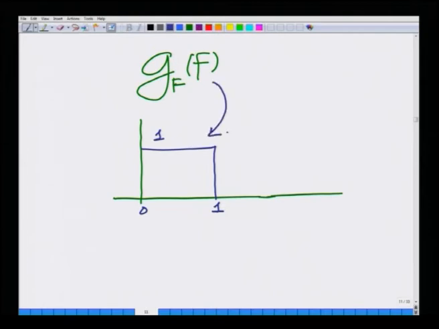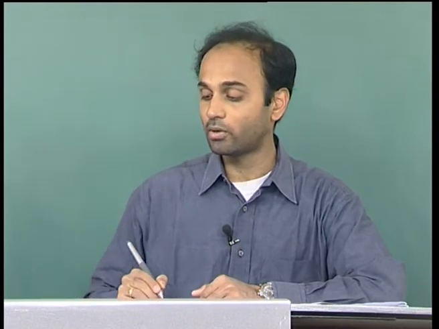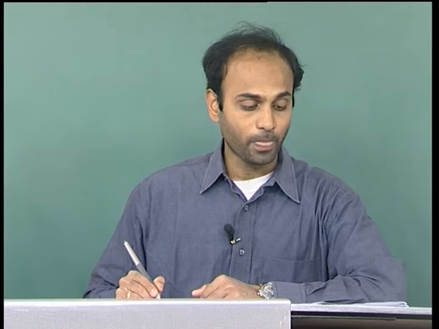This is the uniform distribution, that is uniform between 0 to 1. This is f, the random variable as a fraction, the delay as a fraction of the chip time, which is uniformly distributed between 0 to 1.